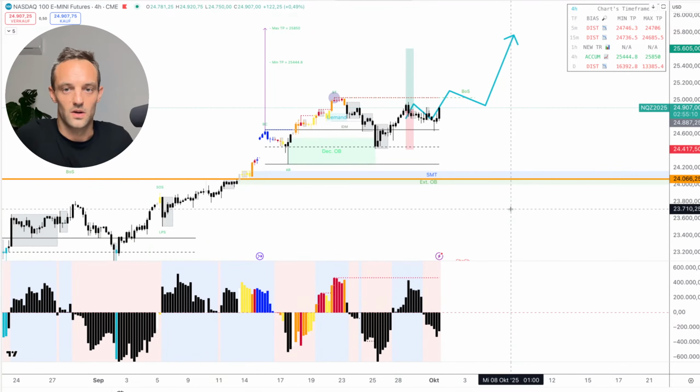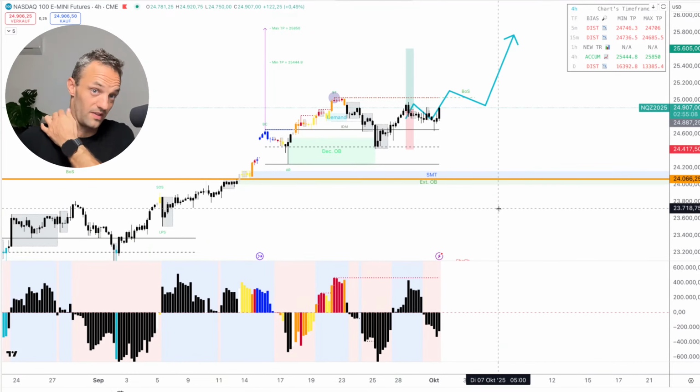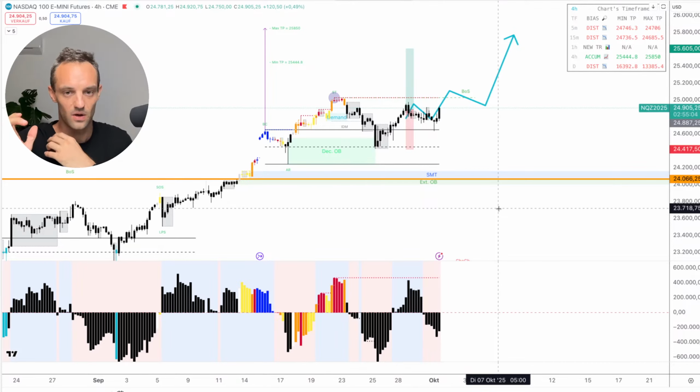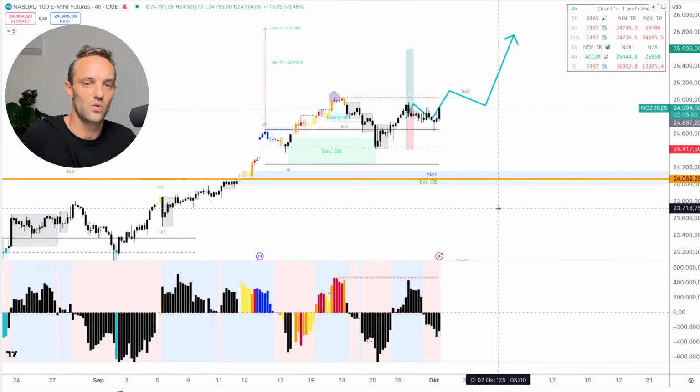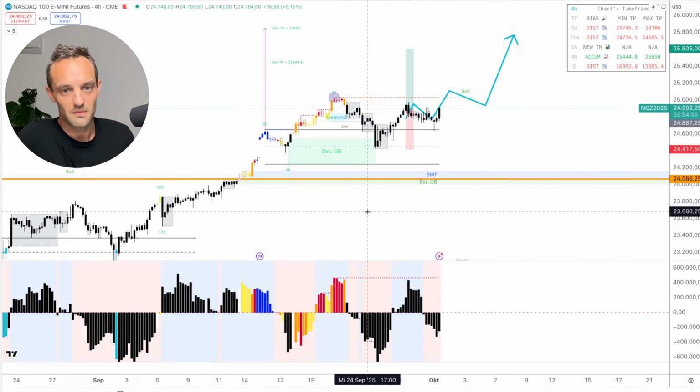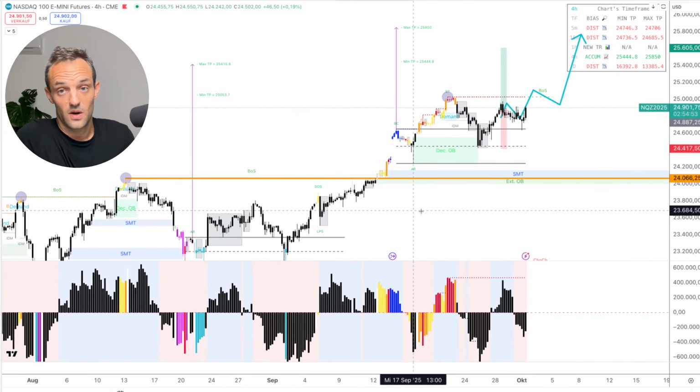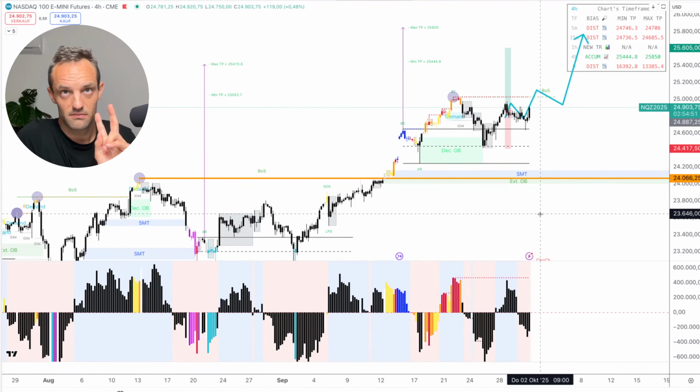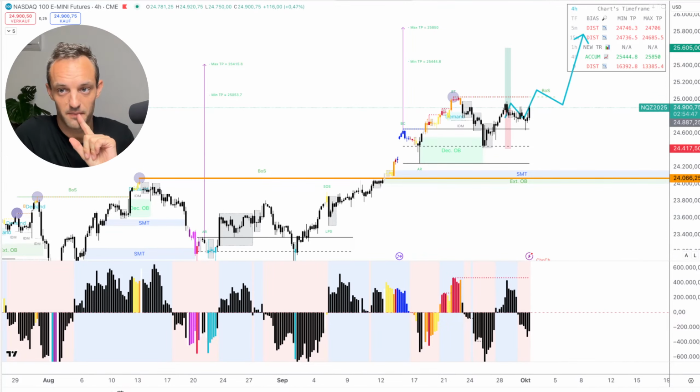Okay, so we always start on the higher time frame, and I explain it because it's always the same, more or less, rules, or I would say procedure. And we just need to define, let's say, 2-3 things.